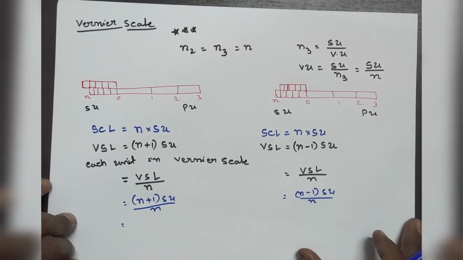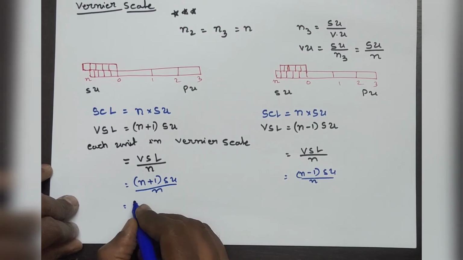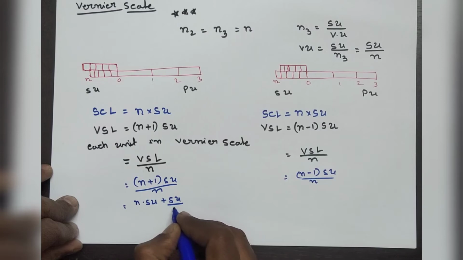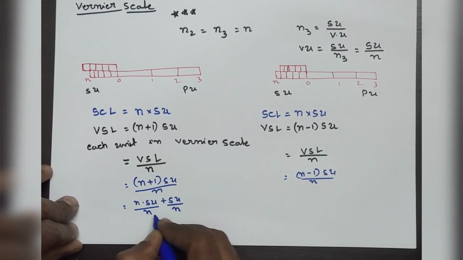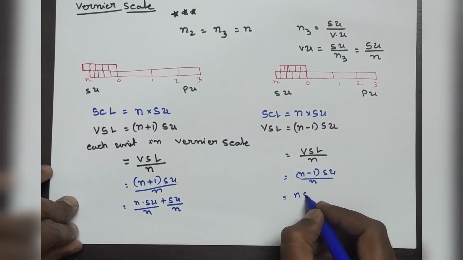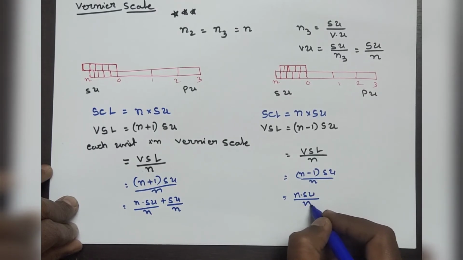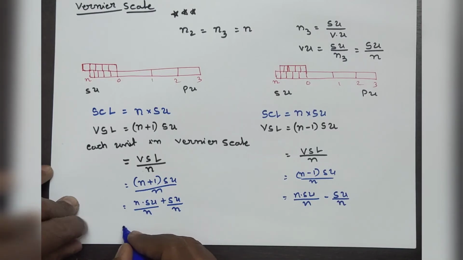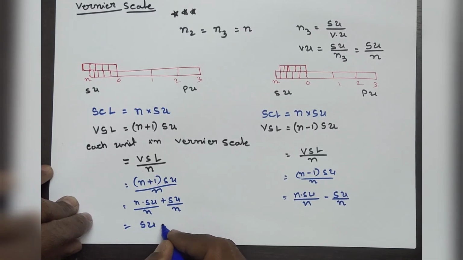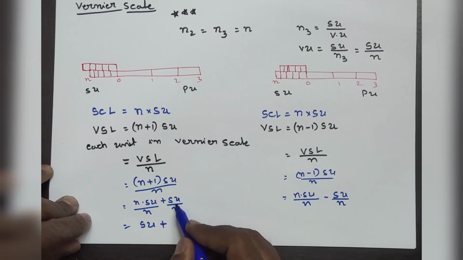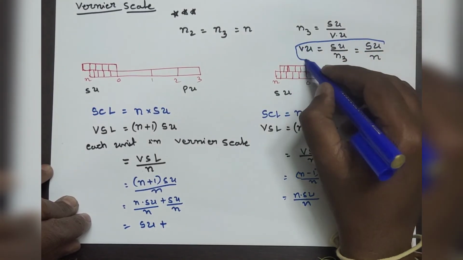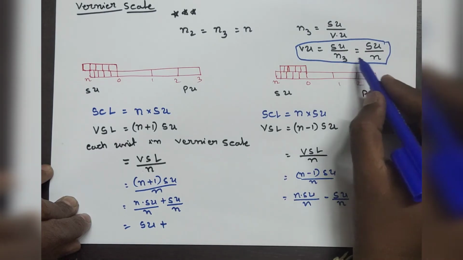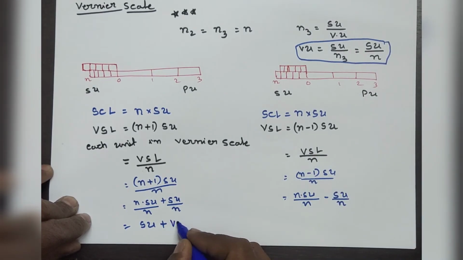So here we can write it as n into secondary unit plus secondary unit. I am going to divide both the cases with n. So n into secondary unit divided by n, minus secondary unit divided by n. So n will get cancelled. Secondary unit plus, so here if you observe, secondary unit divided by n3, or n, is equal to vernier unit.